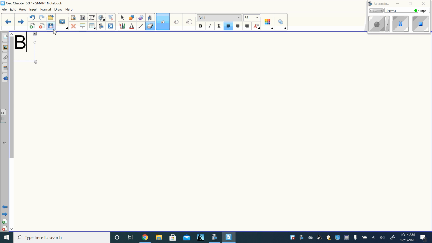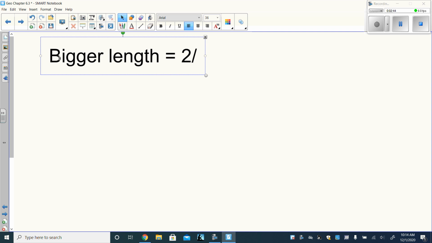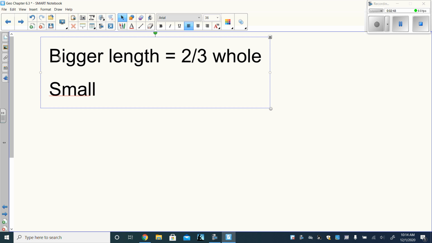Now really all of this is saying is that the bigger length is equal to 2/3 of the whole. The smaller length is equal to 1/3 of the whole length.